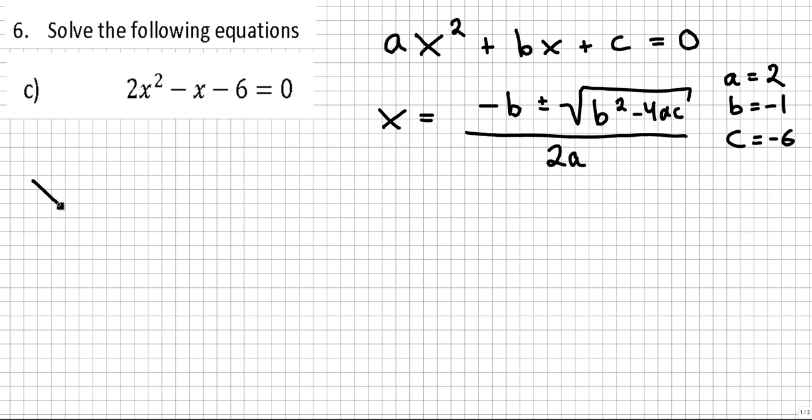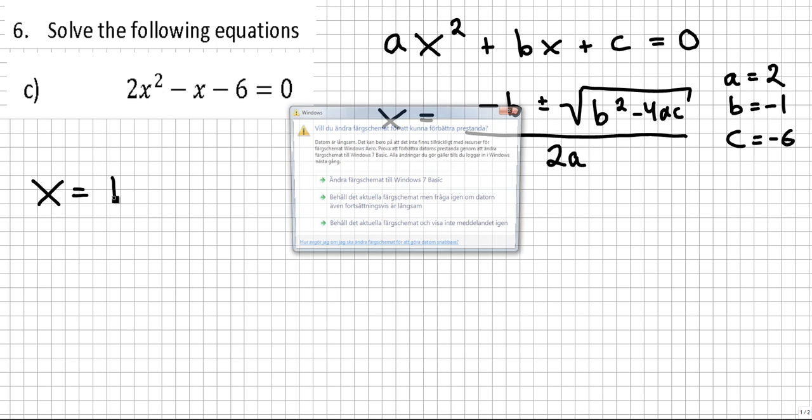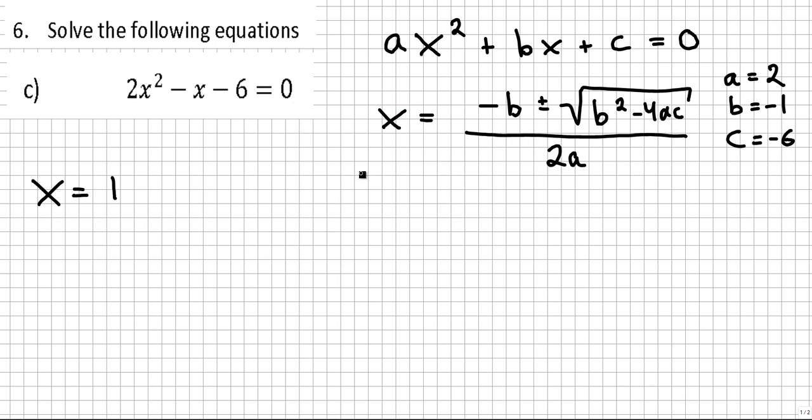So let's do that. x is equal to minus b. Minus minus 1 is going to be 1. I'm just going to write 1. Plus minus the square root of b to the power of 2: minus 1 to the power of 2 is minus 1 times minus 1, which is 1. Minus 4 times a, which is 2, times c.